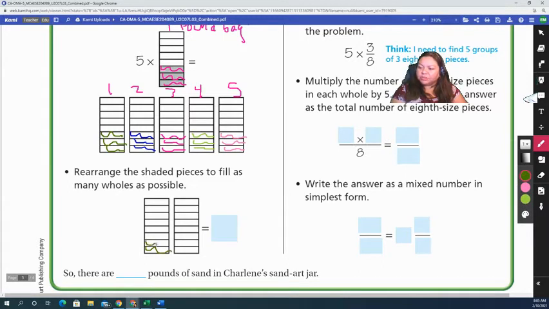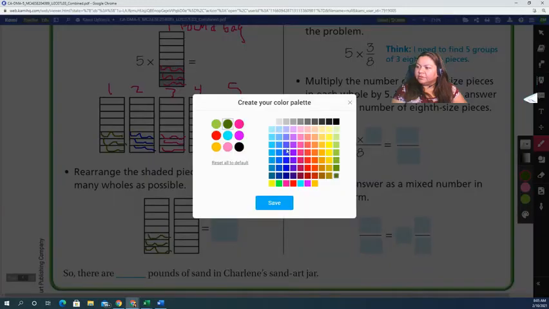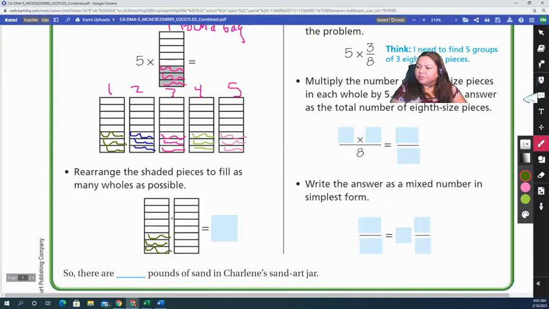So that's 1, 2, 3. Now I'm going to add the next one, which I shaded in blue. Okay, 1, 2, 3.